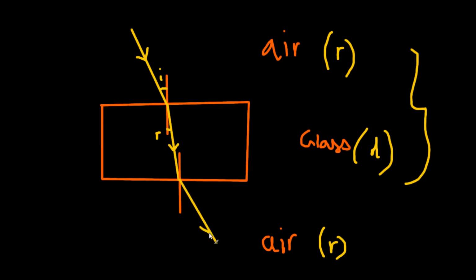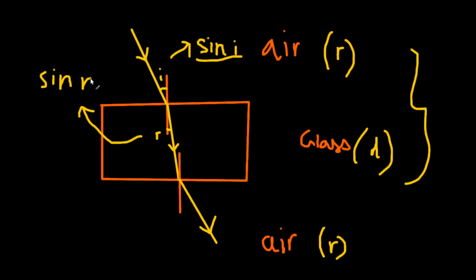So the law says that the ratio of the sine of the angle of incidence, that means sine I, to the sine of the angle of refraction, so that means sine R, and ratio means first one divided by the second. So what we're talking about here is sine I by sine R.